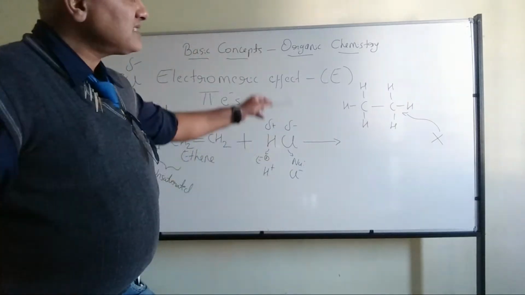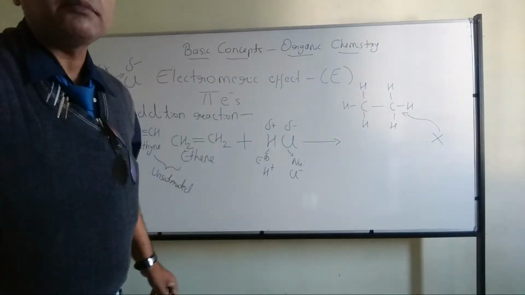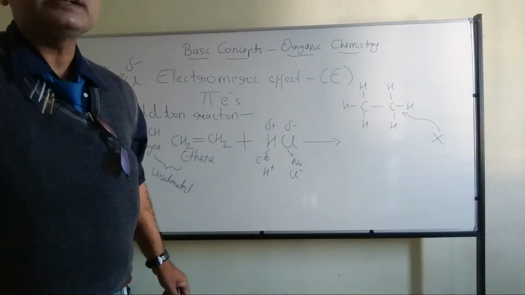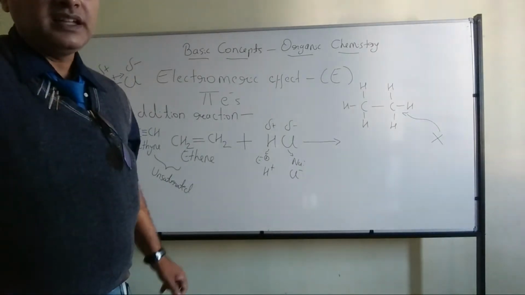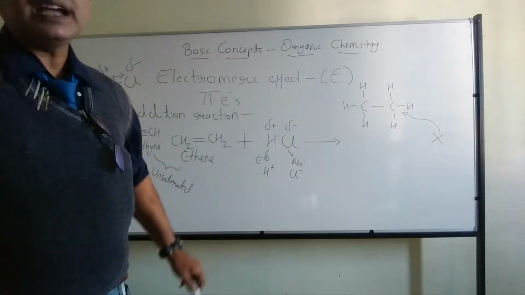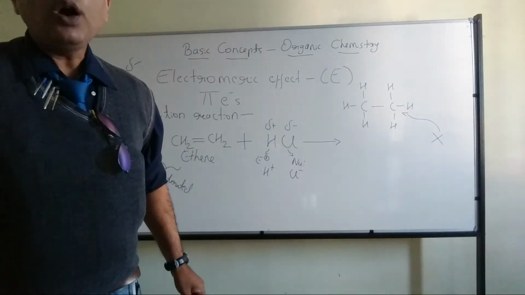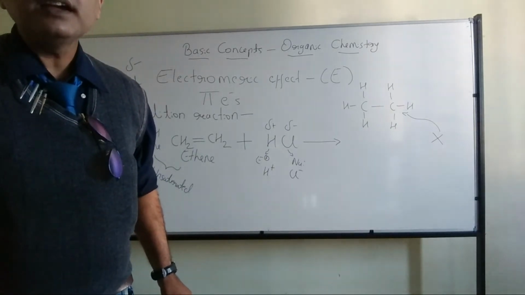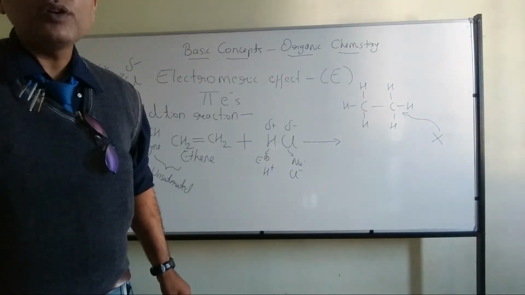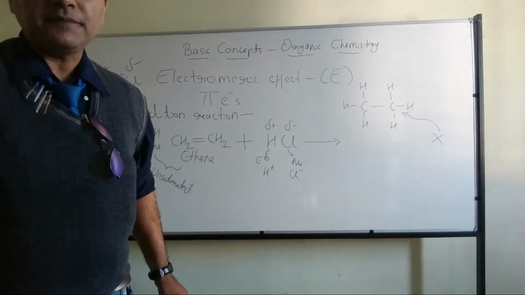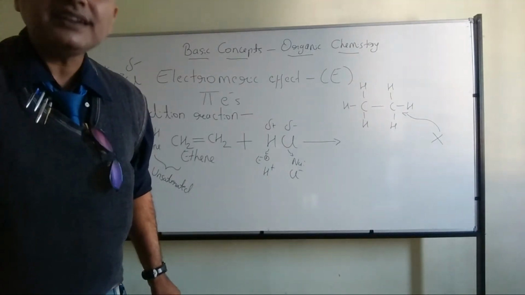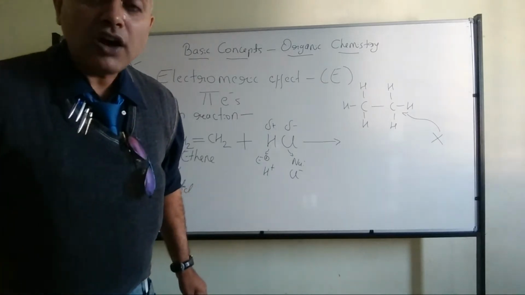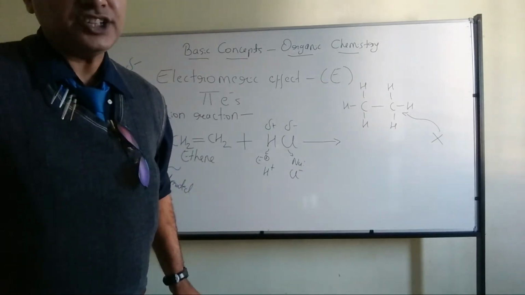But in case of the saturated hydrocarbon, addition reaction is not possible because all the carbons are satisfied. All of them are having the sigma bonds, 4 sigma bonds. So therefore, saturated hydrocarbons cannot show the addition reaction.